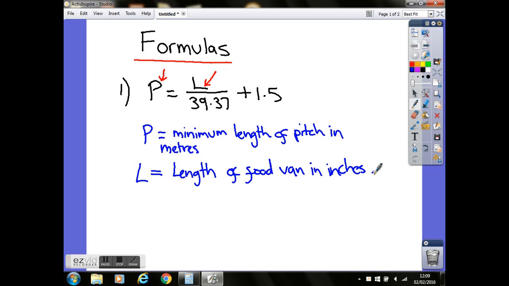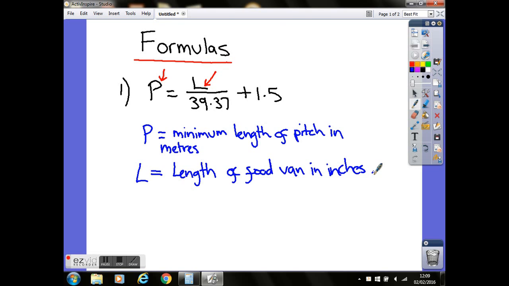This will probably be towards the end of a task, or halfway through, and you will most likely have already worked out what L is. You won't know what P is yet, because that's your subject. But you'll need L in order to do the formula, and you'll have either worked it out in a previous question, or it'll be provided to you somewhere else in the question.